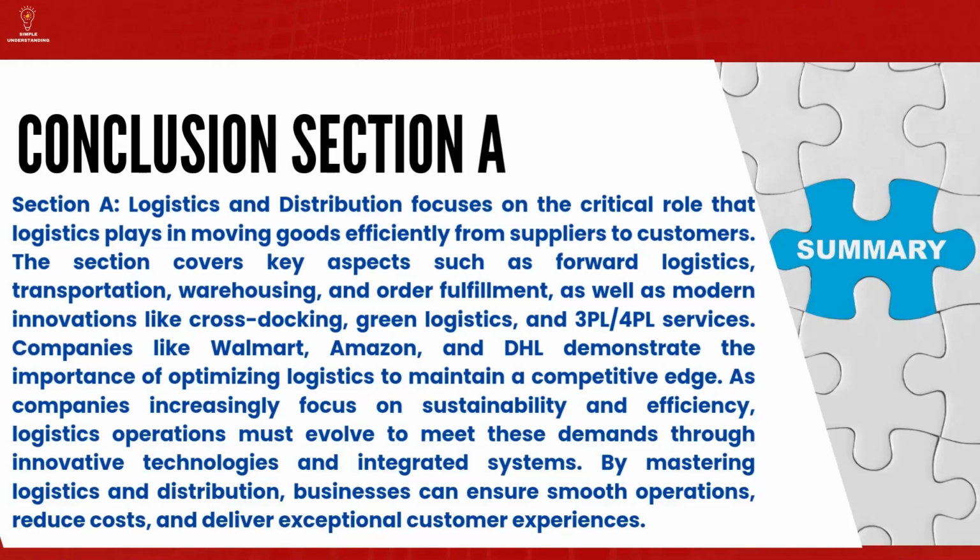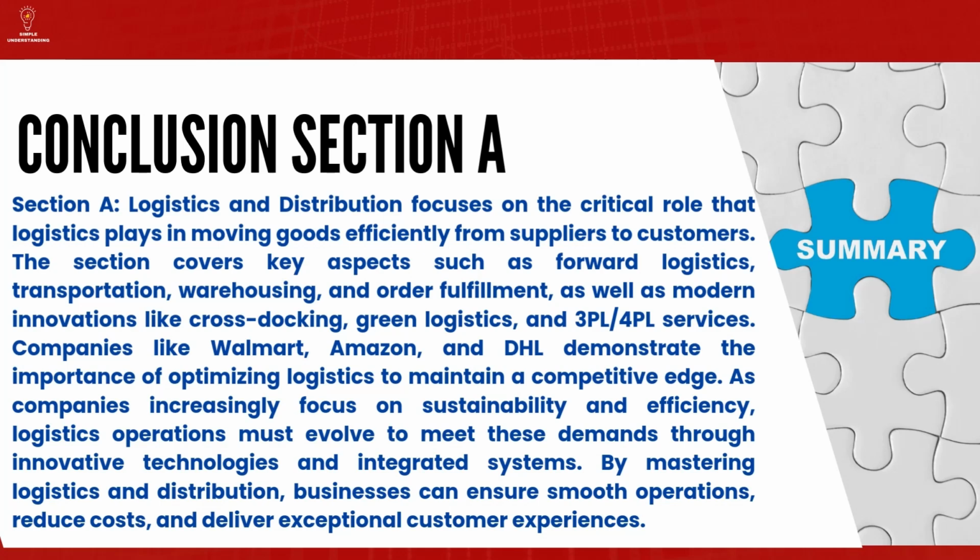Summary. Section A. Logistics and distribution focuses on the critical role that logistics plays in moving goods efficiently from suppliers to customers. The section covers key aspects such as forward logistics, transportation, warehousing, and order fulfillment, as well as modern innovations like cross-docking, green logistics, and 3PL/4PL services.